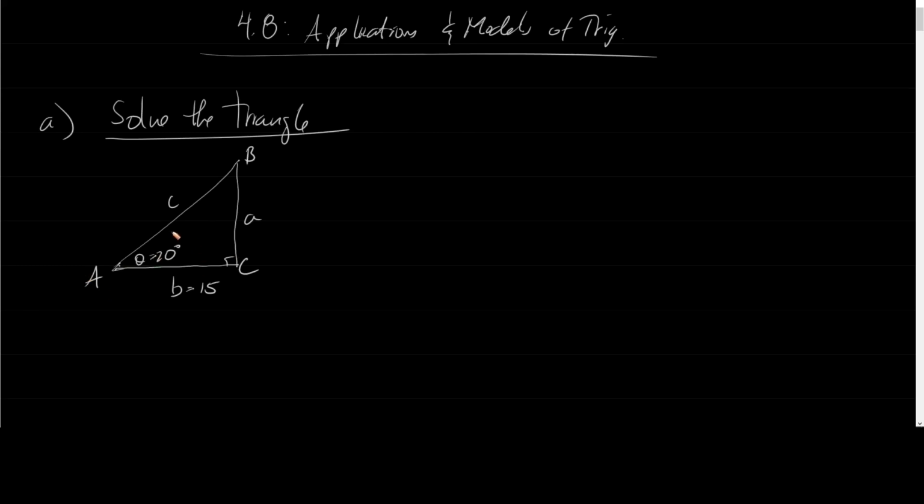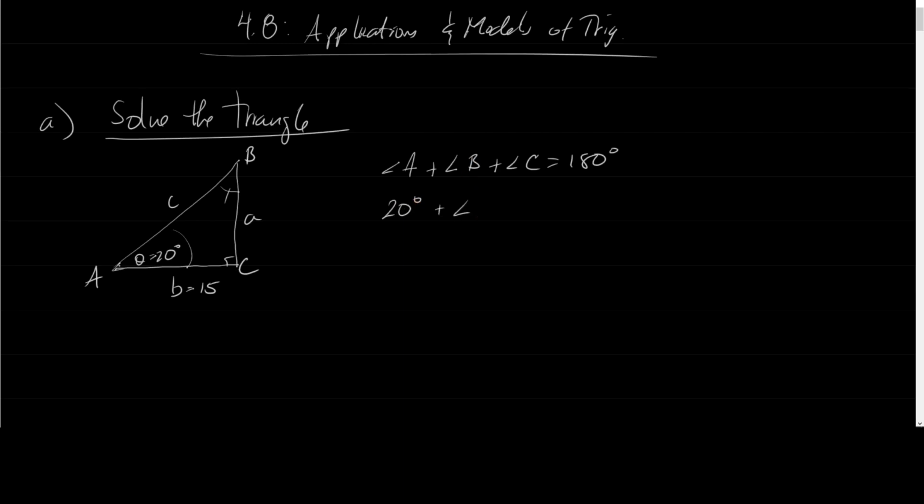Now, we know that the sum of all the inside angles of a triangle must add up to 180 degrees. So in other words, angle A plus angle B plus angle C is equal to 180 degrees. We know angle A to be 20 degrees.